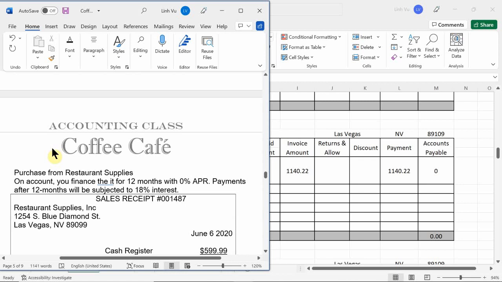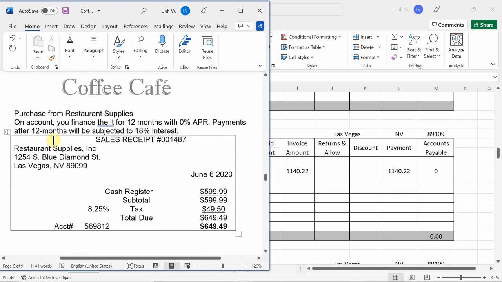We end up purchasing from restaurant supplies, okay, on an account, all right? And of course, you finance it for 12 months with 0 APR. Payments after 12 months will be subjected to an 18% interest.